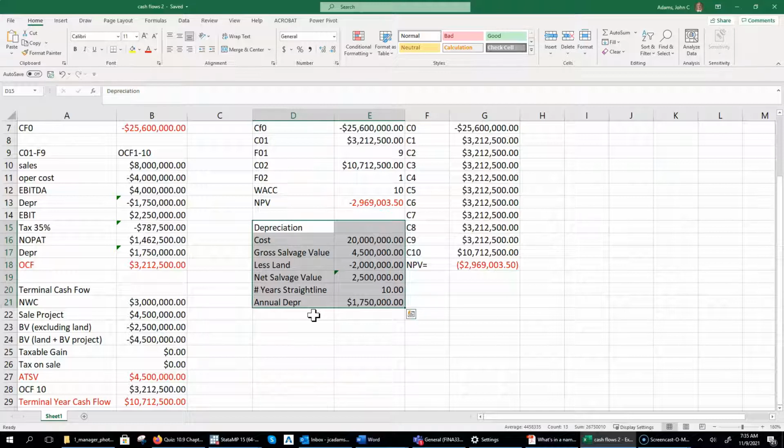Now, in practice, most companies don't actually do this, but that is the textbook way to do it. So that's the way we're going to be doing it in this class. If you get out and your employer says, what are you doing? Why are you taking out depreciation?